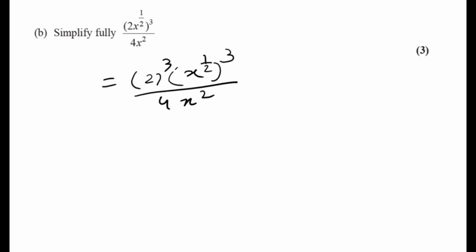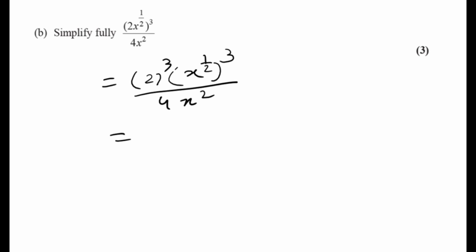Move to the next question. Simplify fully. Common power, separate the power. So 2 to the power 3, x to the power half, to the power 3, over 4x squared.